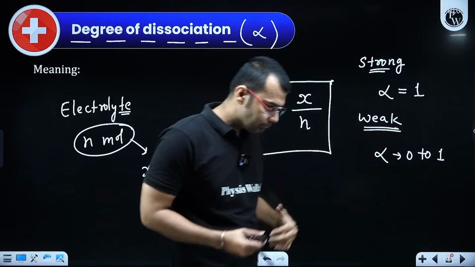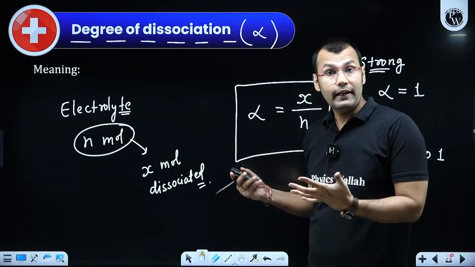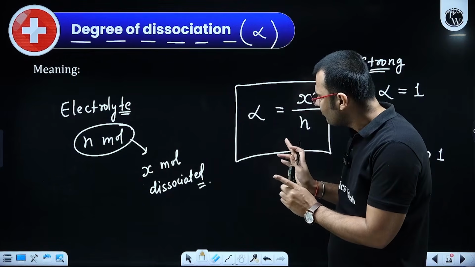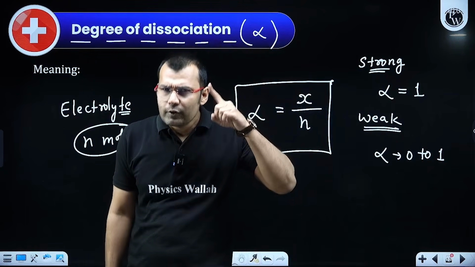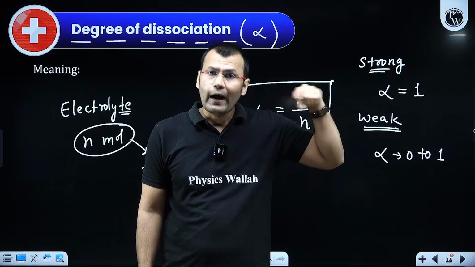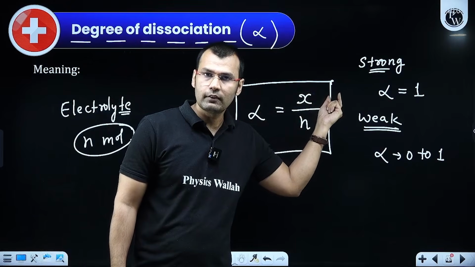So you can say that in terms of degree of dissociation also, we can explain the meaning of strong and weak electrolyte. And I think somewhere both the points are connected, right? When you say strong electrolyte, the degree of dissociation alpha is 1. Why is it 1? Because whatever amount I take, the whole amount will dissociate, right?